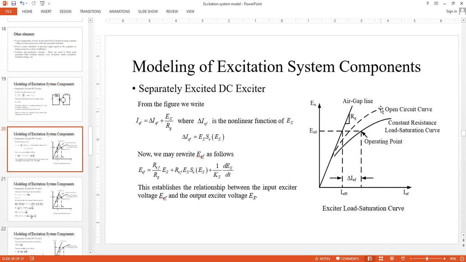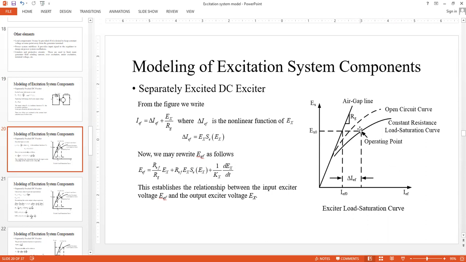If we take into account the armature resistance drop as well as the armature reaction drop, the output voltage from the generator would be reduced by some margin, and that reduction is nonlinear. The reduced curve is known as the constant resistance load saturation curve, and the slope denoted by the air gap line, RG, represents a constant resistance line.